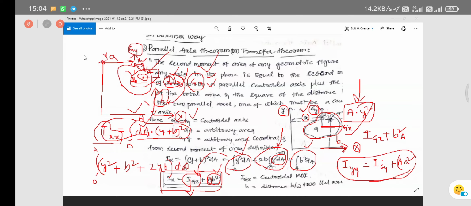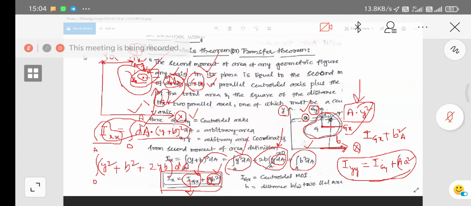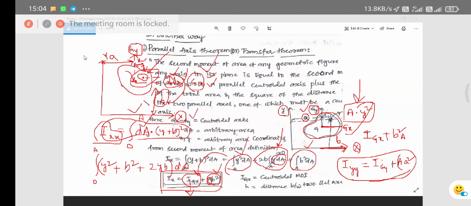If you integrate, or apply the moment of inertia formula per differential element, you get the total moment of inertia as Iy equals Ig plus area into a square. This much amount you are going to get.